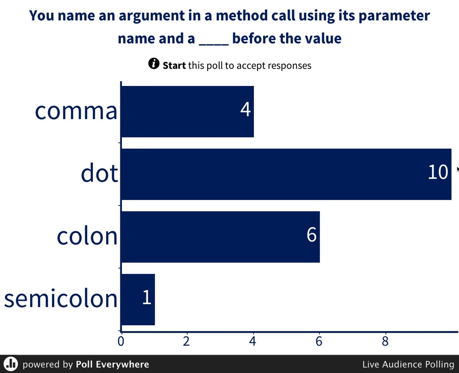Here you're naming the parameter, almost like a key-value pair: the name of the parameter, and then the value itself. So before you give the value, you have to use a colon. We're going to see that as we do more today.